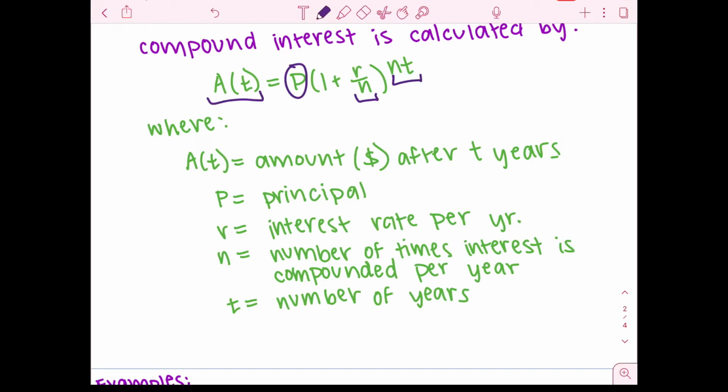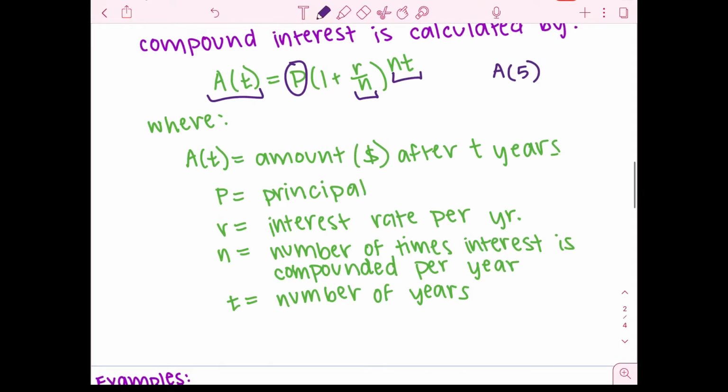So let's say you're calculating the amount of money after 5 years in your bank. You're going to do A of 5, and then wherever you see T, you're going to plug in 5. So you're going to have N times 5, and then whatever your N is, you're going to plug that in. Whatever your R is, you're going to plug that in. Whatever your P is, you're going to plug that in.